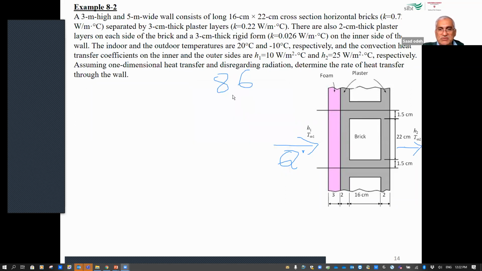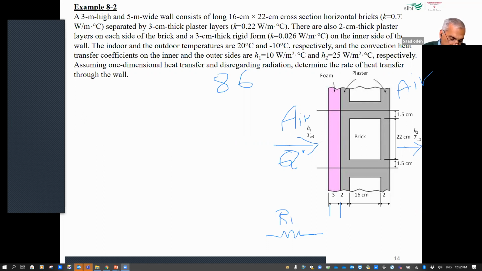Let us check together. We have the inside air and the outside air. Now we start taking this by convection, correct? This is R1. Then going through the wall, the first layer is the foam.